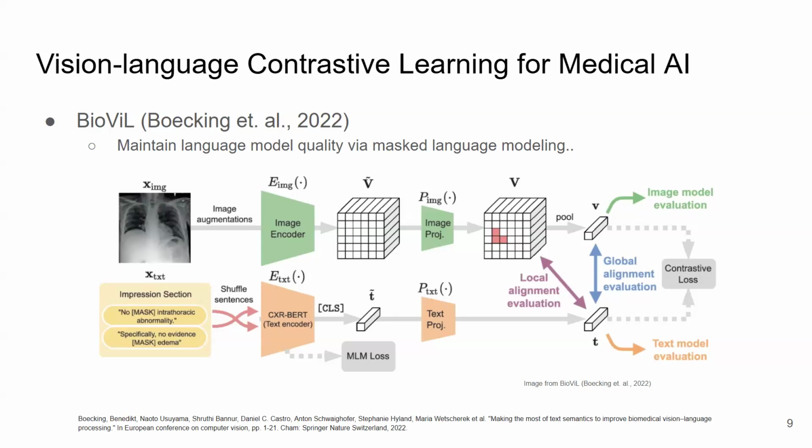So people have come up with ways to keep the text encoder performance without the model finding shortcuts, which is to use masked language modeling as in the BERT training. What you will do is you would mask out some part of the text and also ask the text model to predict the mask token, and that will help the model make sure it doesn't collapse that easily.